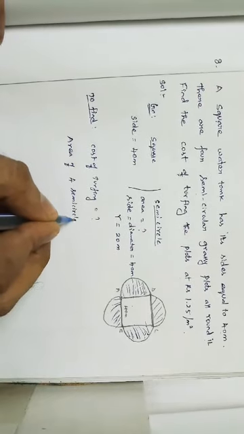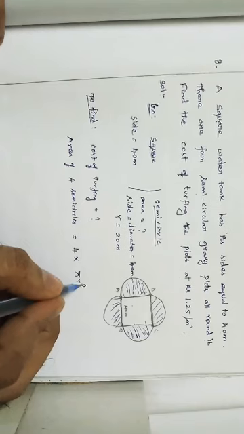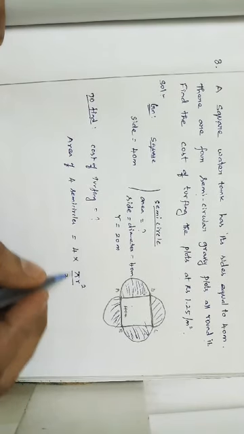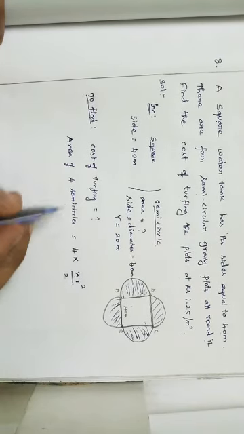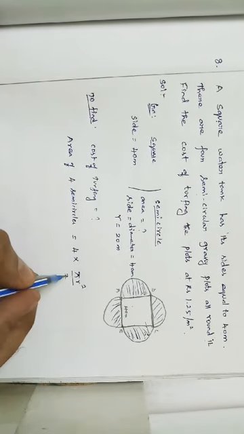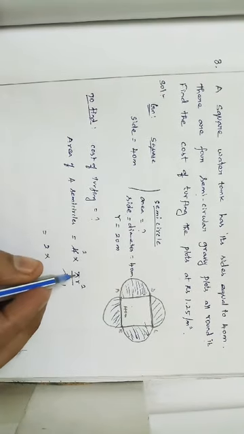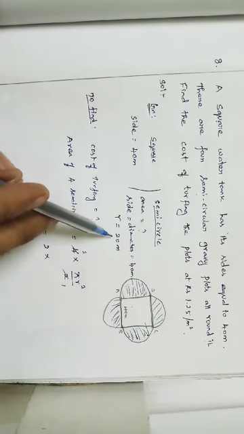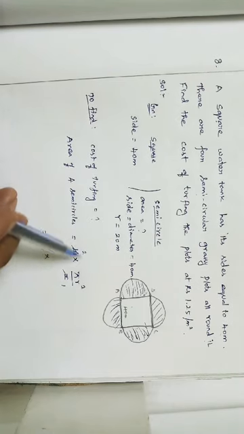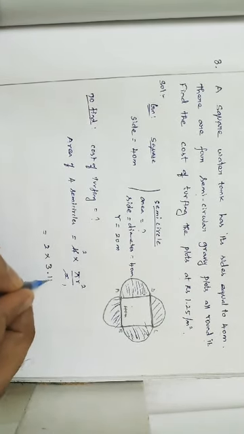Area of 4 semicircles is equal to 4 into pi r square divided by 2. Area of a semicircle is pi r square by 2, and for 4 semicircles, 4 into pi r square by 2. First simplify, then we can substitute. 2 into pi. The r value is not in the form of a multiple of 7, so better to go for pi equal to 3.14.